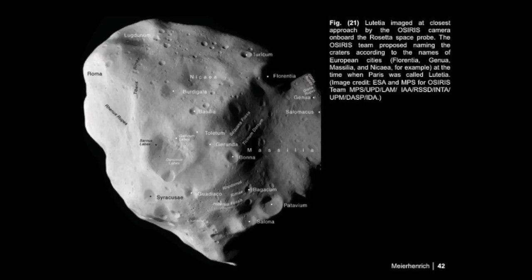So all these craters here got names from European cities from the time when Paris was called Lutetia. And of course, you will recognize this beautiful crater here, right? Nisaea, one of the most beautiful craters on Rosetta. You have another one which is a little more ugly, because you have small craters in a big crater, so you have not very nice boundaries, and this of course is called Massilia, you recognize.